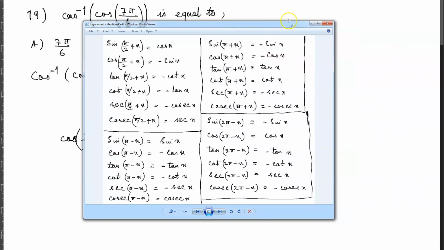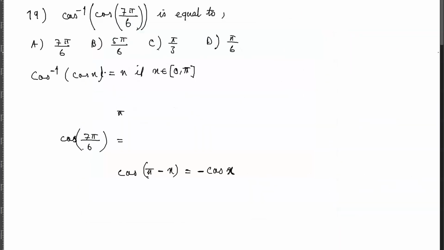Okay. Now let's rewrite the angle using this identity and see what happens. So based on this, I can rewrite this as cos of x is equal to negative of cos of pi minus x, right? Now cos of x in this case is equal to cos of 7 pi by 6.